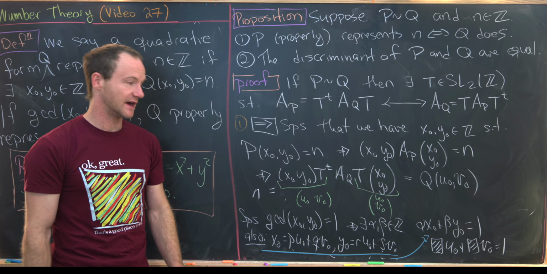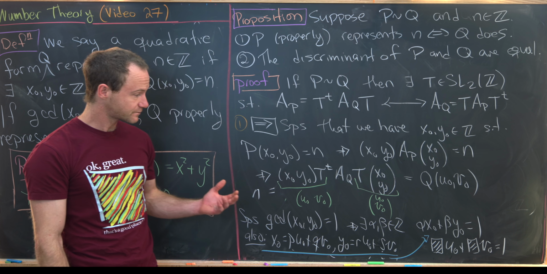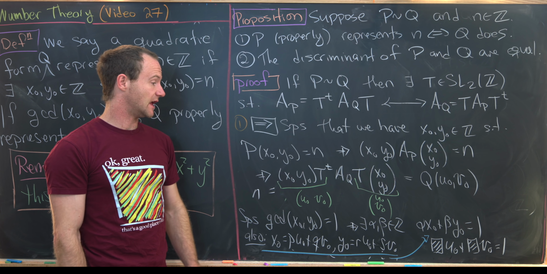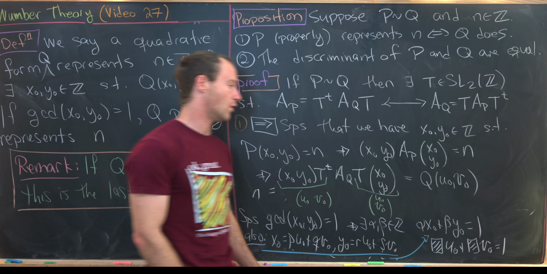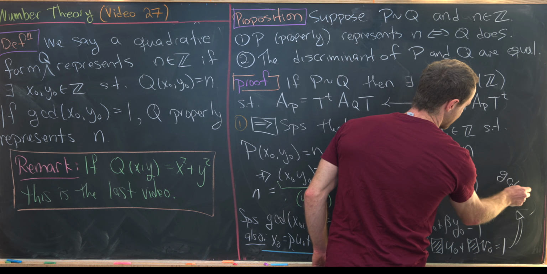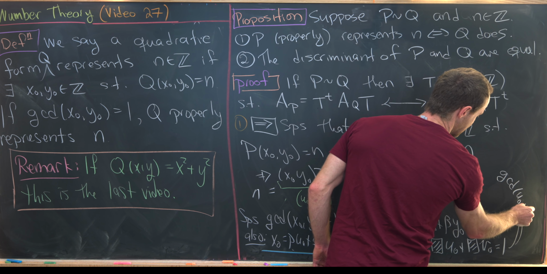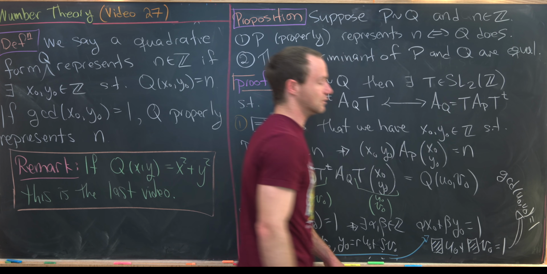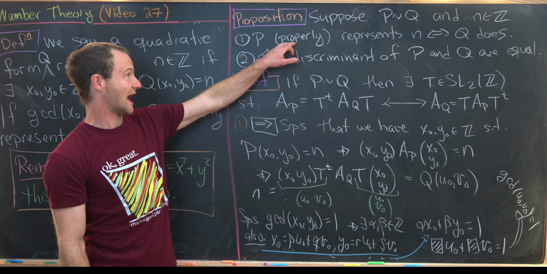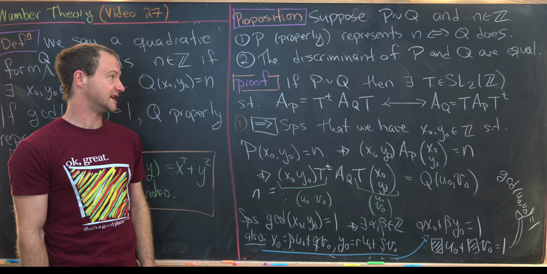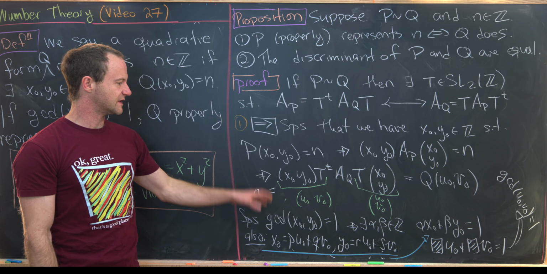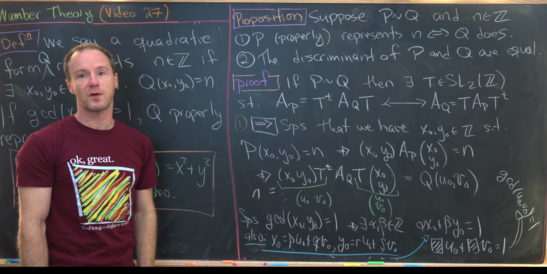It's just a bit of symbolic manipulation. But if we can take u naught and v naught, take an integer linear combination of them and get 1, then that implies, from stuff that we did much earlier in the course, that the GCD of u naught and v naught is equal to 1. But that GCD being 1 is exactly what we need to add to make this a proper representation of n by P. Okay, now let's maybe get rid of this bottom bit and we'll do the proof of part 2.